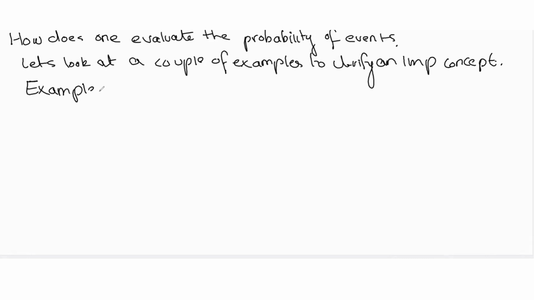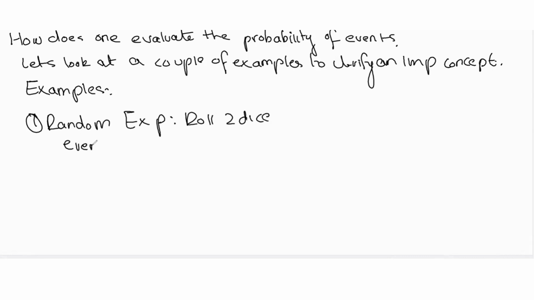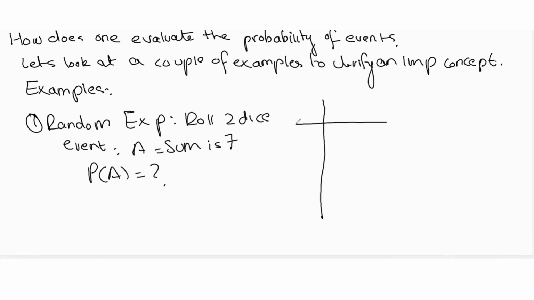So now the first example that we want to look at is that we have a random experiment where we roll 2 dice and we define this event to be A, that the sum of the faces on which the two dice lands is 7, and you want to find the probability of A. For this, we can first plot the sample space here, where this represents the number on the first dice, 1, 2, 3, 4, 5, 6, and this represents the number on the second dice, 1, 2, 3, 4, 5, 6.